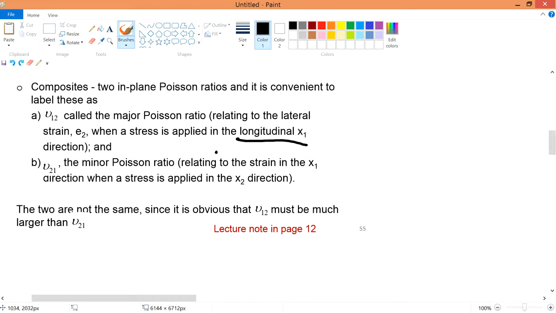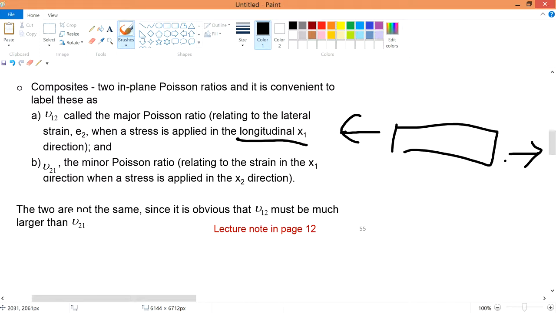Over here I don't think it's talking about any transverse, but it's simply saying that it's a minor Poisson ratio. Why is that? It's because it changes in the 2 direction first. For example, if you're pulling in this direction, you're exerting loading in the one direction, and the changes in the 2 direction are determined by how large the load in the one direction is.